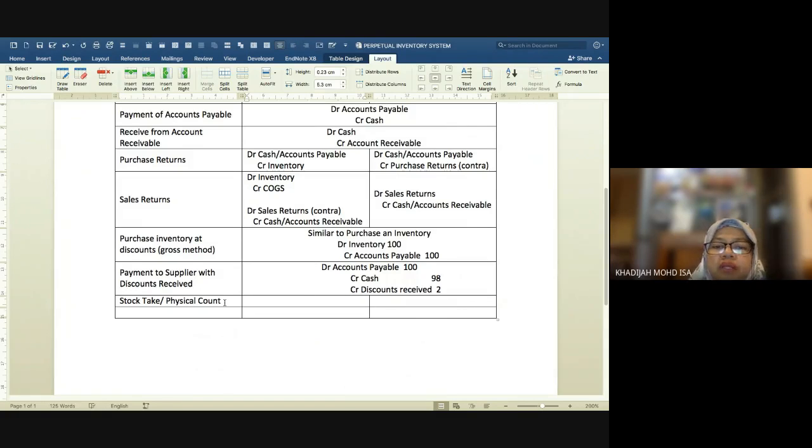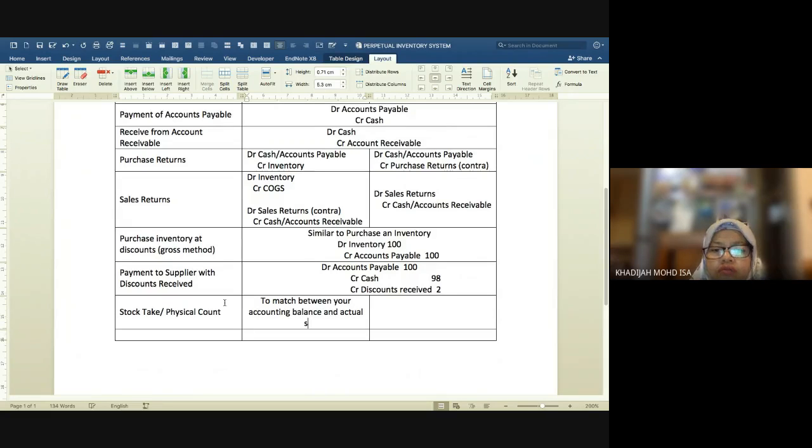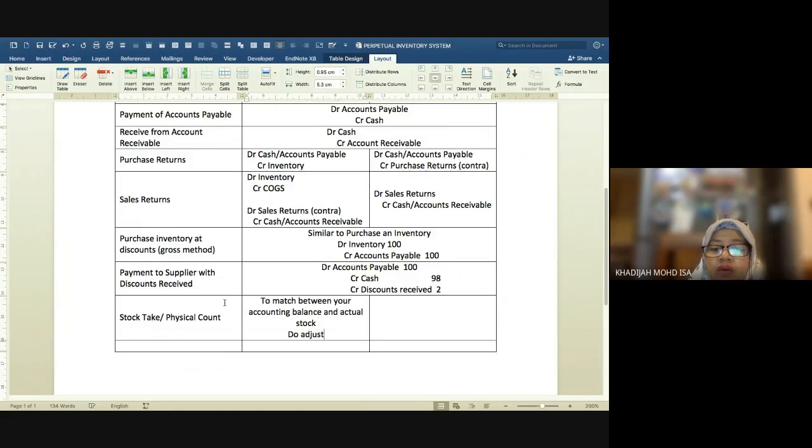Under periodic, it is to match your accounting balance and actual stock. That's why you do a stock take and then do adjustments accordingly.